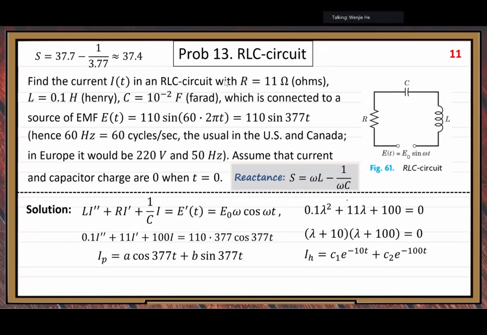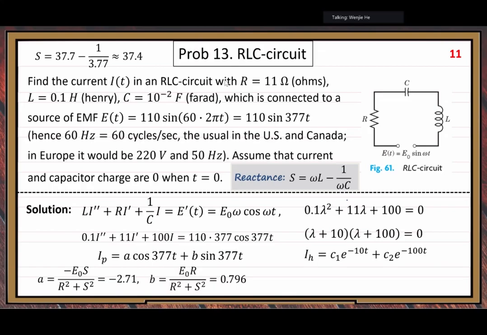Then we represent our solution. When we do the calculation, we still use L, R, C, because we want to derive the general formula for little a and the general formula for little b.